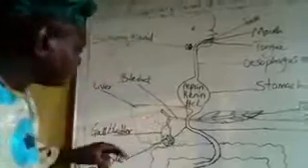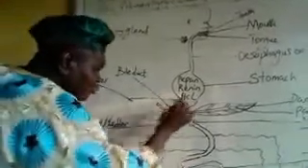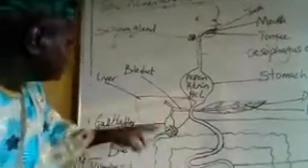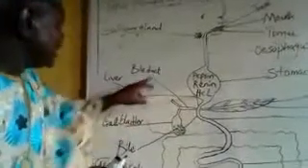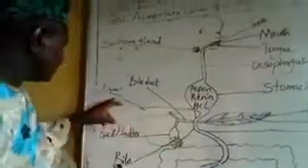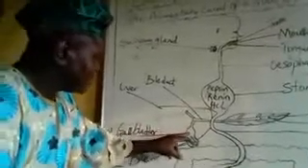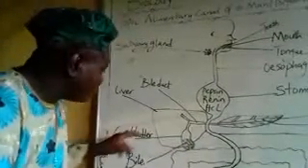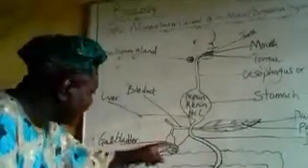Here, in the same duodenum, we have a liver. The liver secretes bile. We have the gallbladder here. Look at the bile inside the gallbladder.